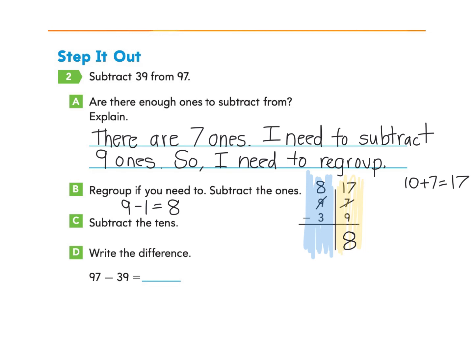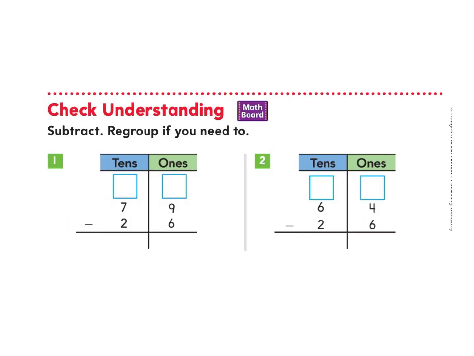But 8 take away 3 will give you the answer 5. So we have found our answer to the problem that we were given up here. 97 take away 39 is 58.